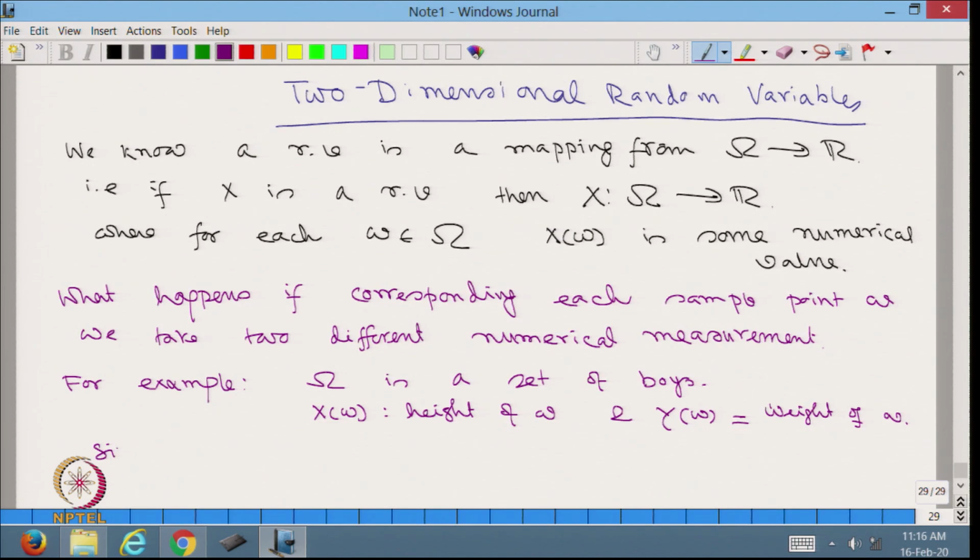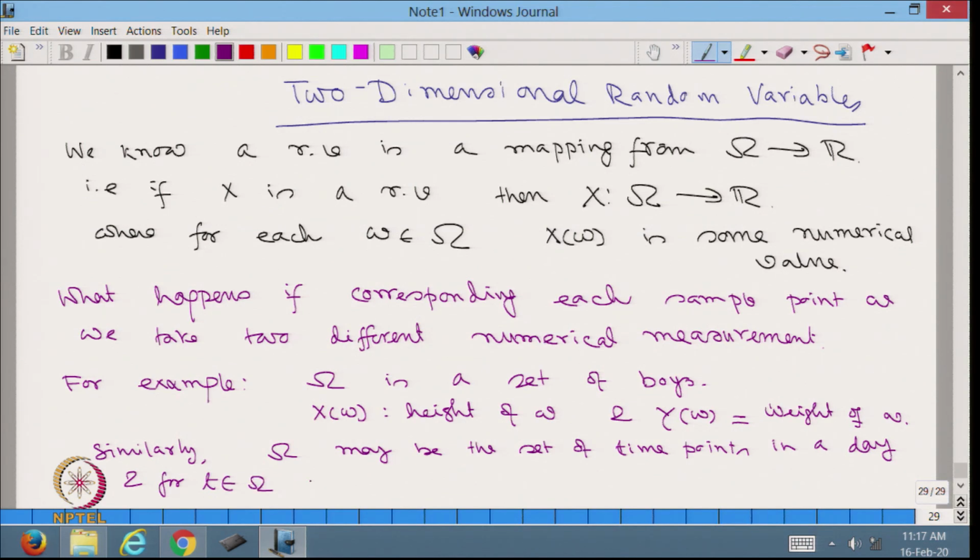Similarly, omega may be the set of time points in a day, and for t belonging to omega, x t is the temperature and y t is equal to humidity at time t.